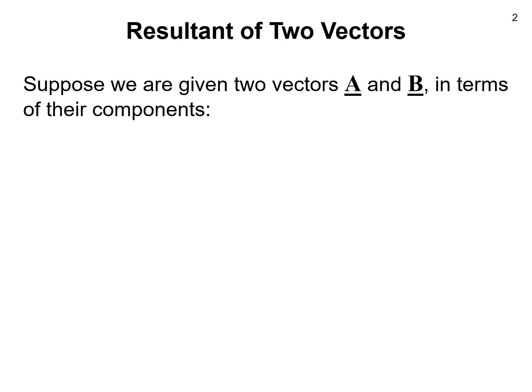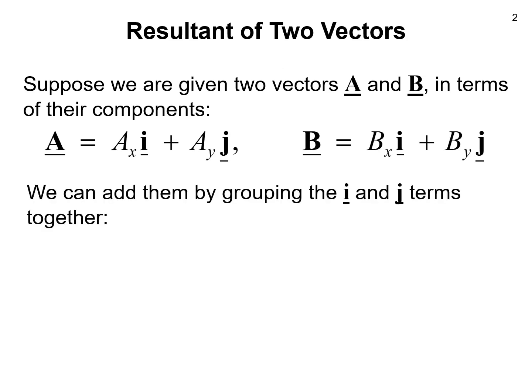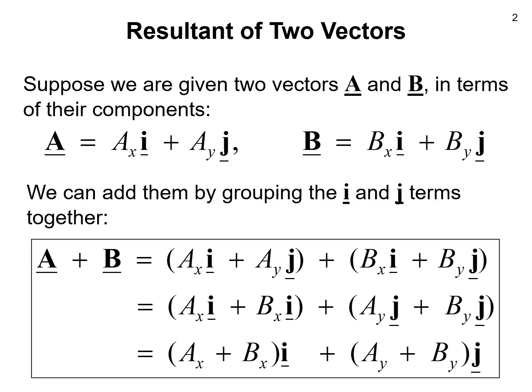So again, let's suppose we have 2 vectors A and B. And let's abstractly suppose they are both written with their components i and j. We can add them together, very much like traditional algebra. A plus B is the sum of the A vector with its components plus the B vector with its components.